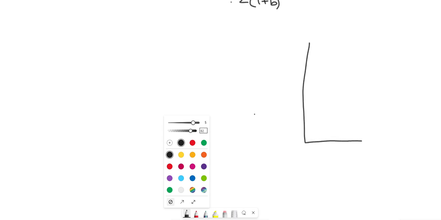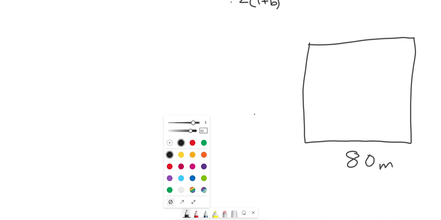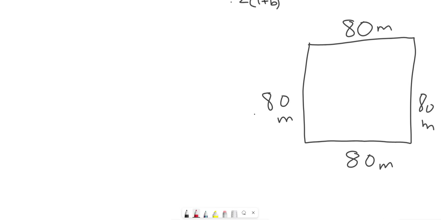A square park which has got sides which are 80 meters long. All right, 80 here, 80 here, and 80 here, and 80 here. So there is a path which is 4 meter wide which runs around the inside of it. And it is 4 meter wide on all four sides.